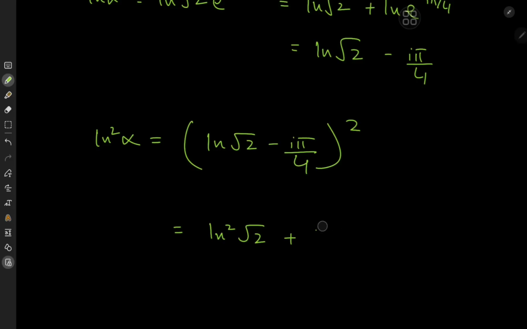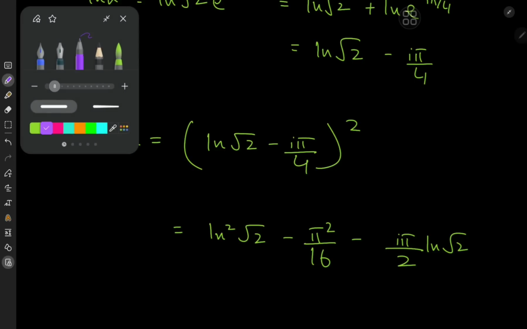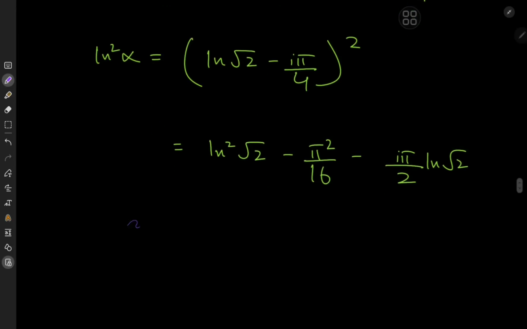And i squared is negative 1, so that means we have negative pi squared by 16. Then we have the cross term, which is 2 times i pi by 4. Again, some nice cancellation taking place, so we have i times pi by 2 times the other term, log root 2.